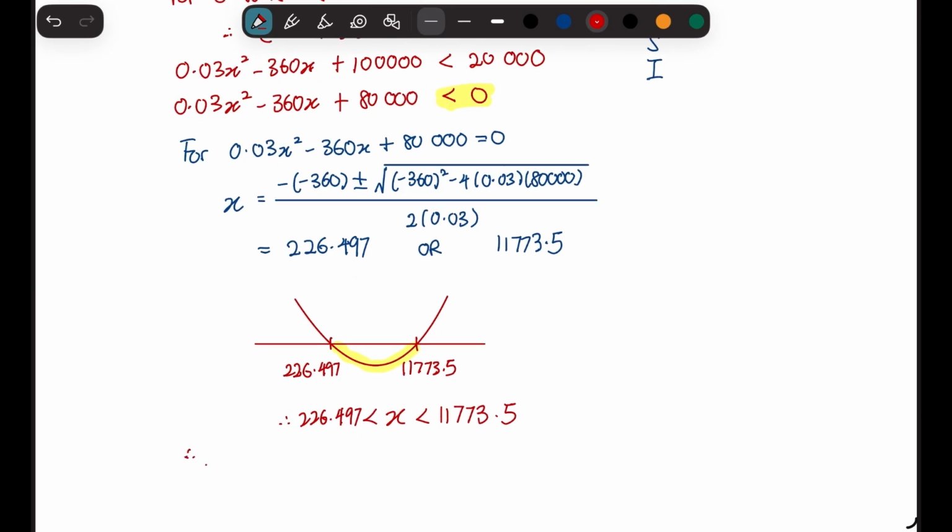Therefore, the minimum value of x is equal to, since x is bigger than 226.497, 227, the nearest whole number.